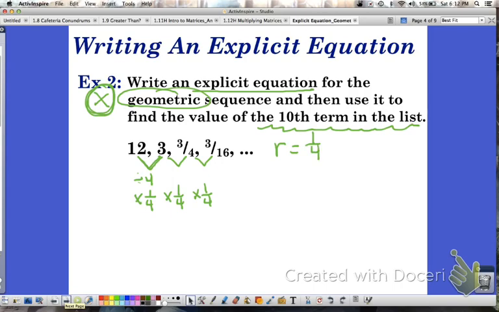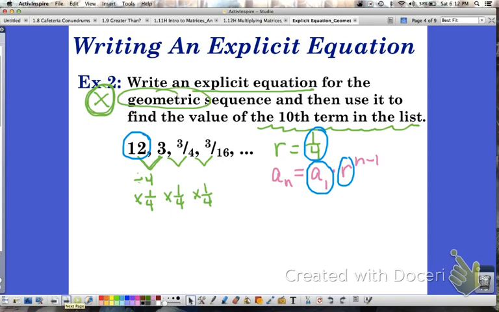Now I'm going to go grab my equation template. The explicit equation is a sub n is equal to a sub 1 times r raised to the n minus 1. I always write my template, then I fill in the values. So let me go grab my values. 12 is my first number in the list, and my common ratio is 1/4.